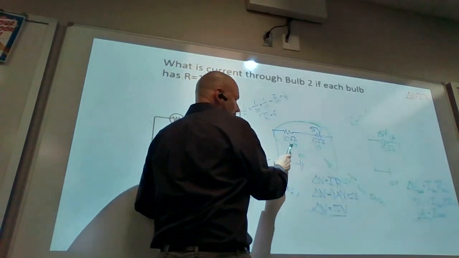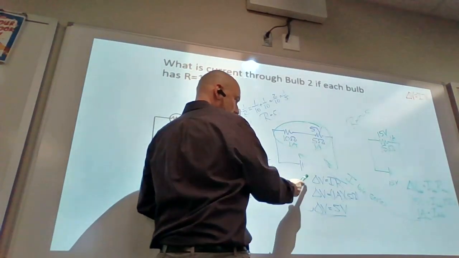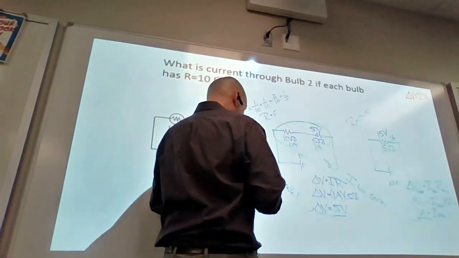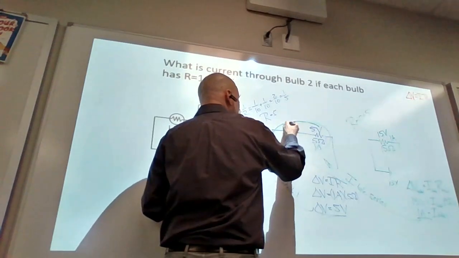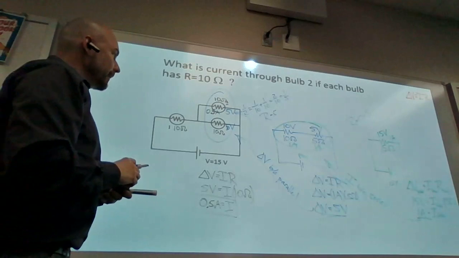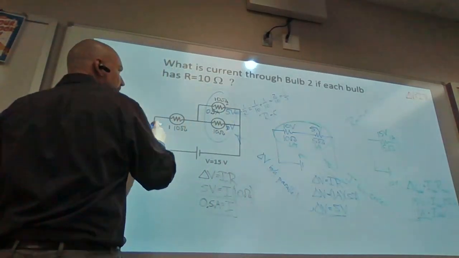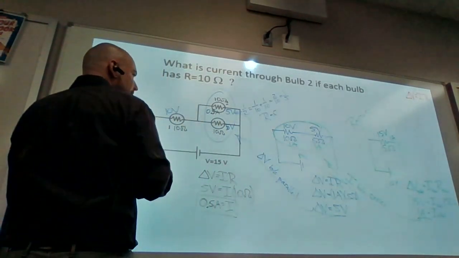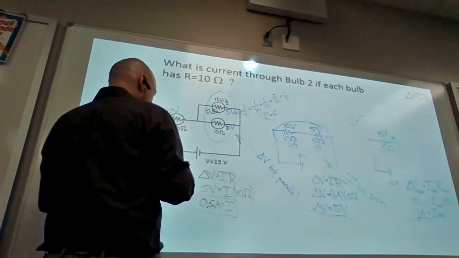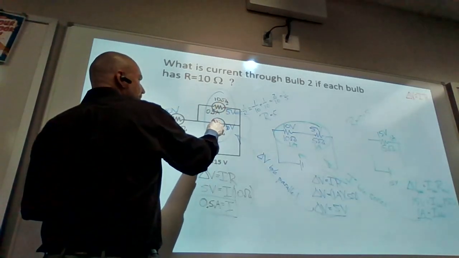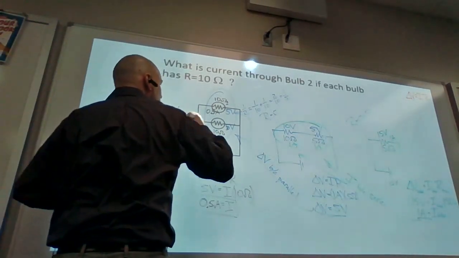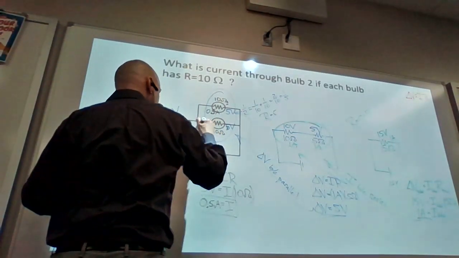So here, I've got 10 ohms, 1 amp, so I'm going to use the same procedure and find that there's 10 volts across this guy. Are we all right with that? Okay, so this light bulb is actually this light bulb. So this is 10 volts across this, and I know there's 1 amp going through this one. This light bulb is identical to this light bulb. We found that this was 0.5 amps through this one.